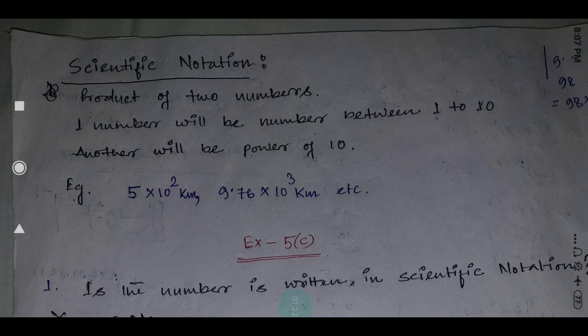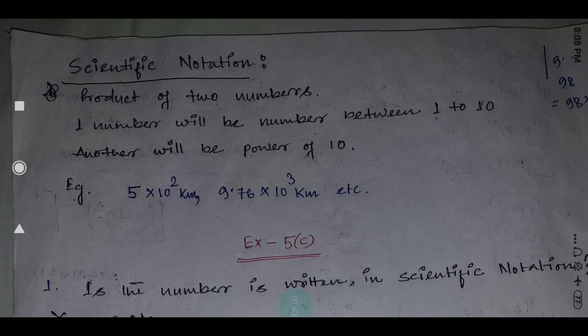If you write it on a page, it will be a very long process. So to make it easy, the scientists have devised scientific notation. Based on this, for large numbers and calculations, they write it in scientific notation. So how do we do this?